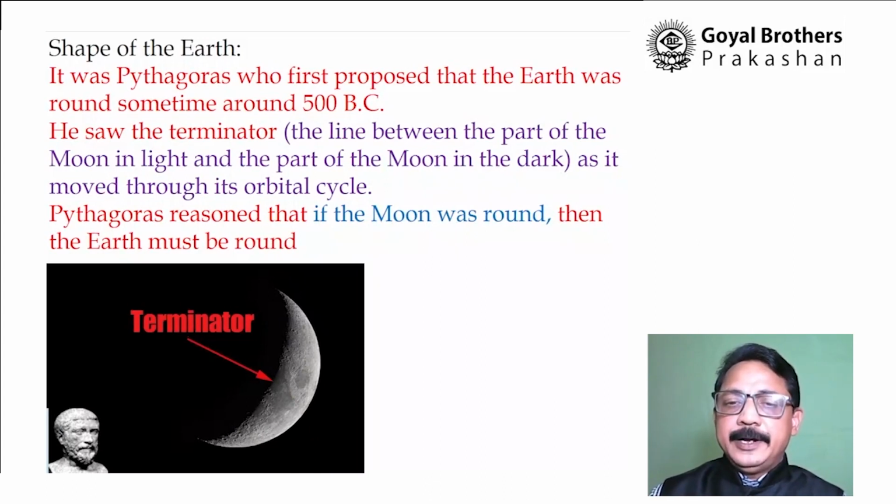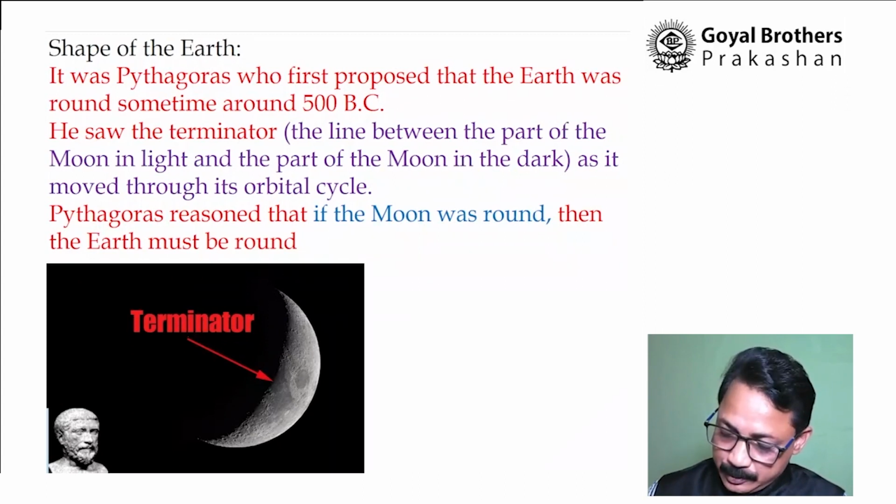The idea was first proposed by a very great mathematician called Pythagoras. You must have heard of his Pythagoras theorem. In 500 BC, almost 2500 years ago, he was able to propose that Earth must be spherical.